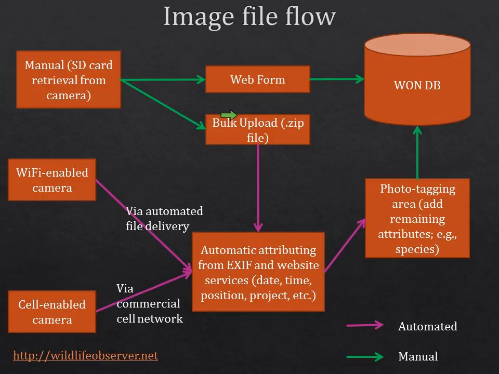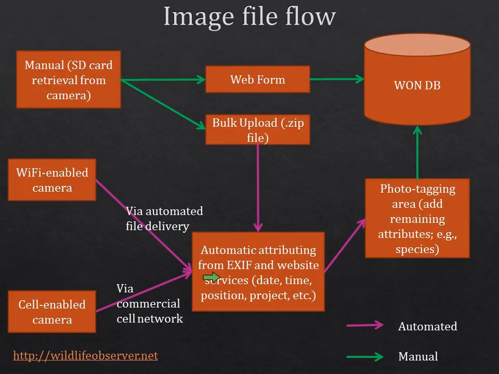The wildlife images are contained in a single folder or subdirectory, and you would zip that up and upload it to the website. The website then automatically, and this is the purple line here indicating an automated approach, attributes them with the date, time, and geography of the camera.